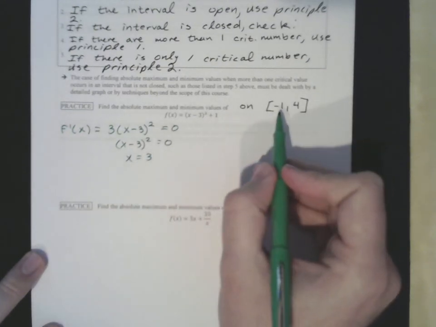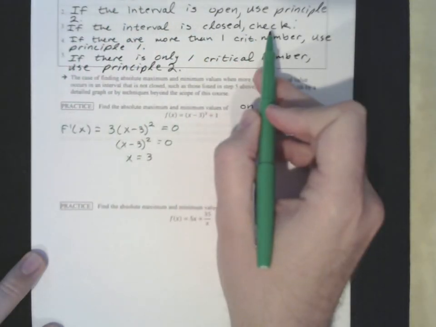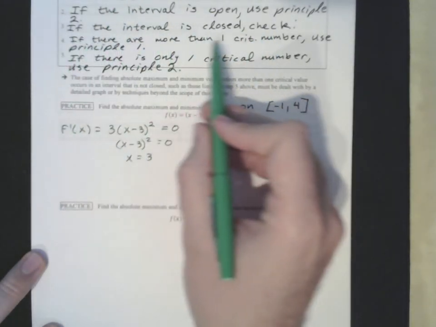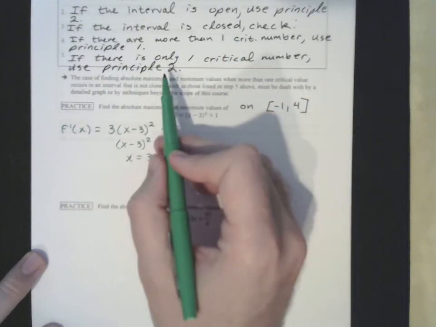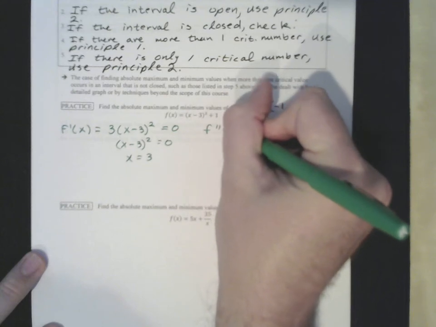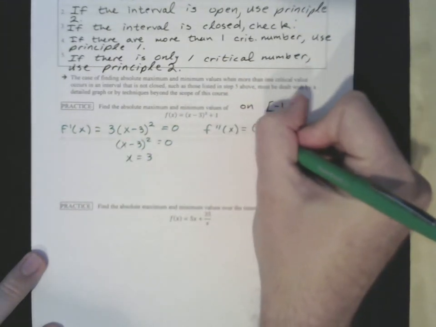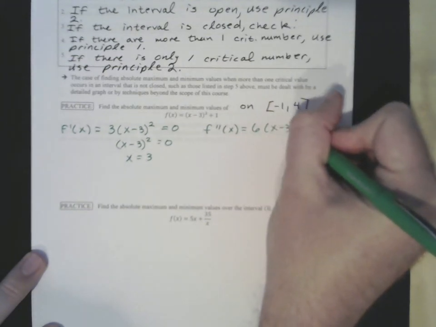We're on a closed interval. So we're into step 3 of our strategy. It's closed, so now we check. There's not more than one. There's only one, so we're going to use principle 2. So I'm going to find the second derivative. Again, it's going to be a chain rule. It's going to be 6 times (x minus 3) times 1.